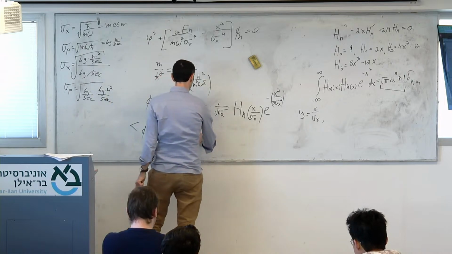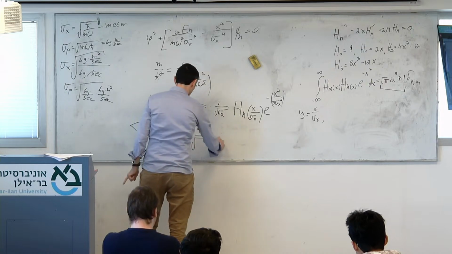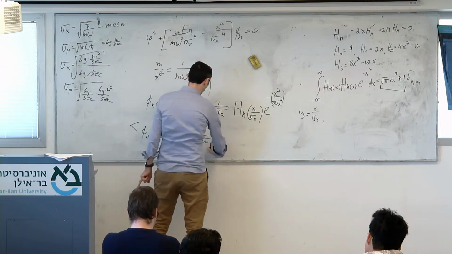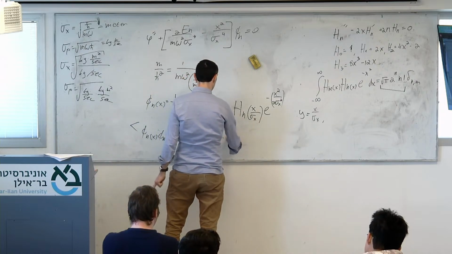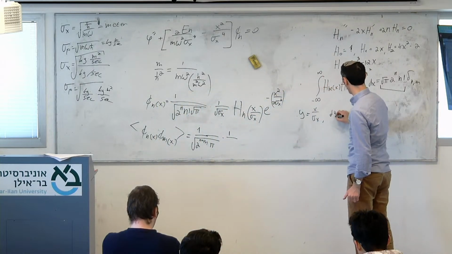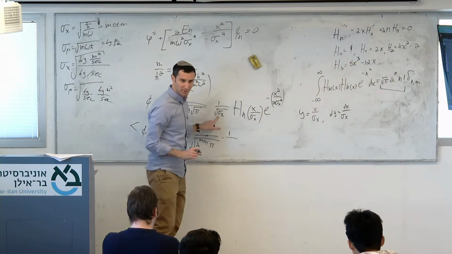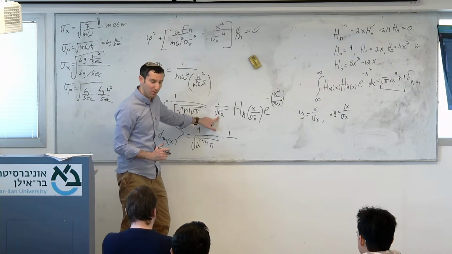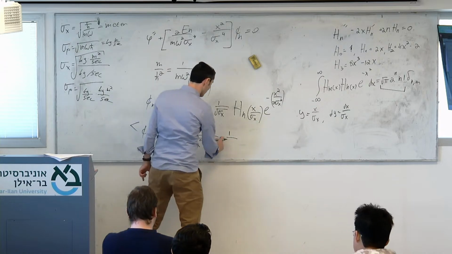Well, I get here 1 over, I have this for n and this for m. So square root of 2 to the power of n plus m, pi, I have pi from each one, times, okay, dy is dx over sigma x. So this cancels out this thing. You're missing the n factorial, right? Well, yeah, I know. Now the n factorial needs to be also inside a square root, right?